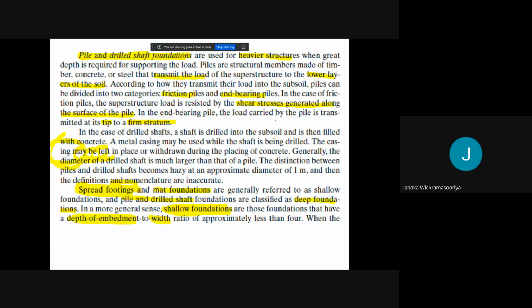Now, if I draw a foundation, if this is the foundation, and this is the ground surface, this is the depth of foundation or the depth of embedment. Right? Depth of embedment and width.